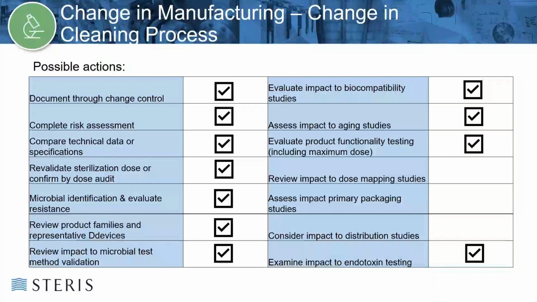Again, this should be documented through formal change control with potential completion of a risk assessment to provide supporting rationale, including review of materials such as technical specification documents, completion of bioburden testing for comparison due to a change in cleaning chemistry, performing microbial identification on bioburden plates to understand organisms present versus those found historically, complete bioburden recovery efficiency validation, bioburden inhibitory substance screening tests, or bacteriostasis fungistasis as deemed applicable, revalidation of the sterilization dose if deemed applicable, or performing a dose audit study, including bioburden testing and the sterility testing.